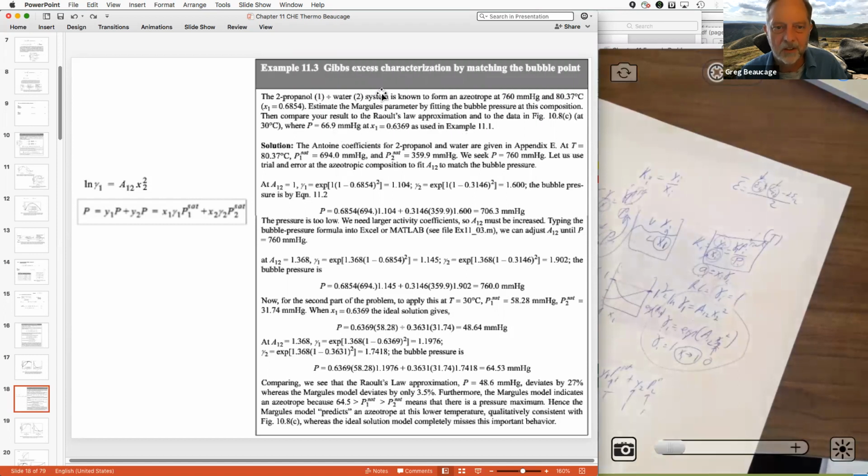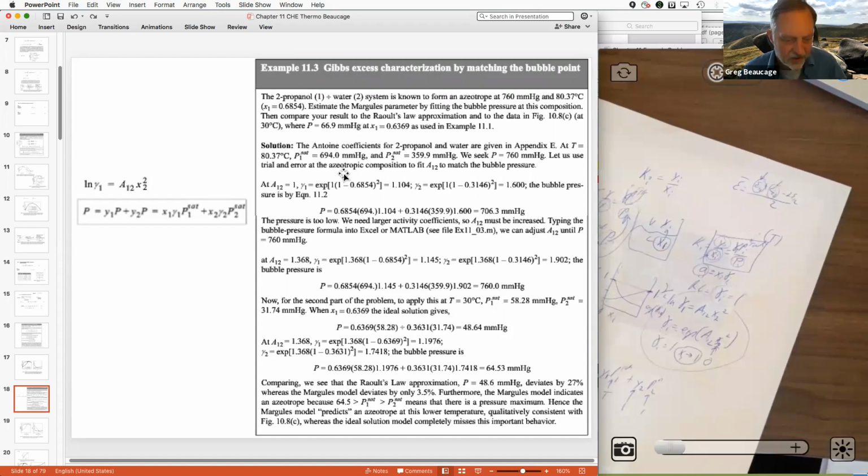Margules depends on 1/T, but it doesn't depend on pressure. You could adjust the temperature just by dividing by temperature in absolute units, if you wanted.